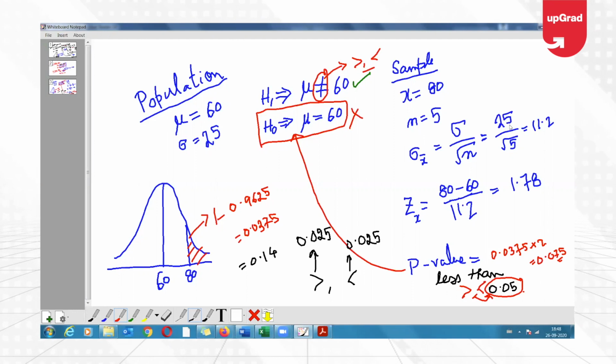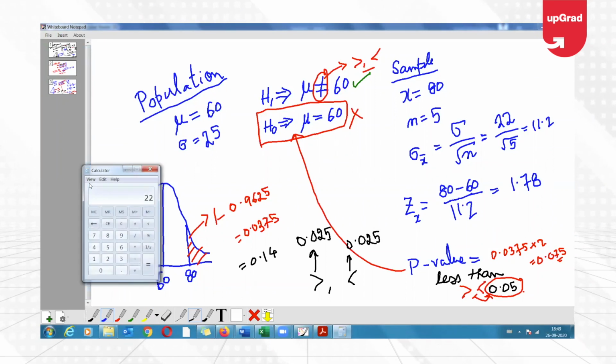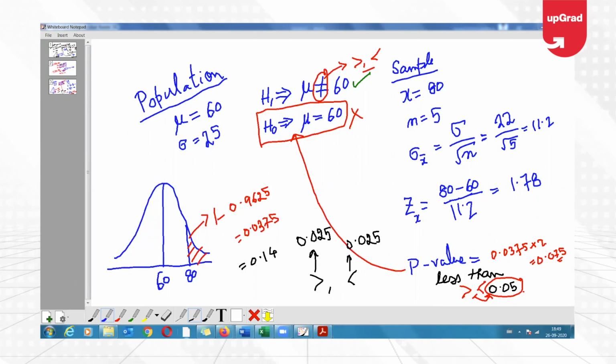So no, we are still not able to reject. What I have to do is reduce this slightly more. So if I make it 22, I think we should be able to do the trick. So 22 divided by 2.23 is 9.86.